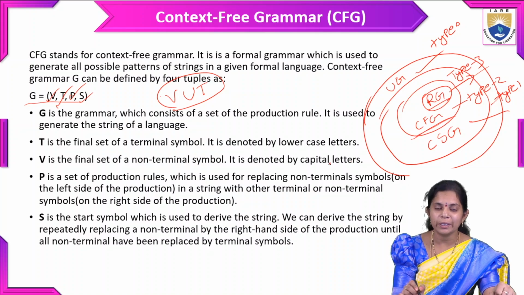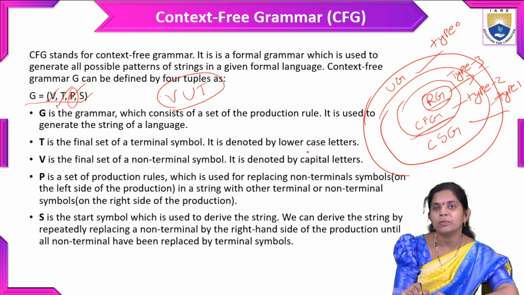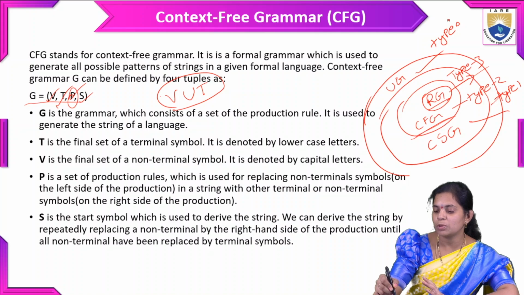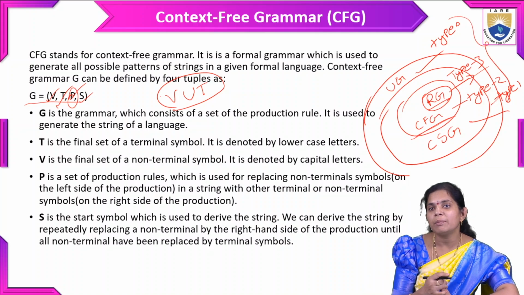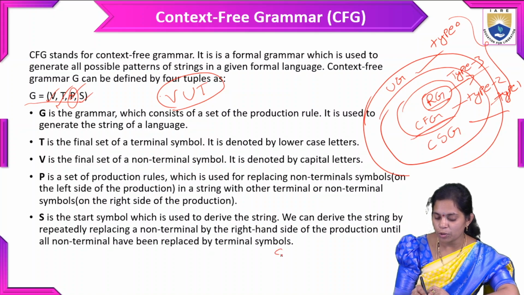In this, the most important thing is the production. How to define the production for the context-free grammar? What are the limitations? We have 4 types of grammars here, and every grammar is different from the others. How do we differentiate those grammars? We have the production rule.